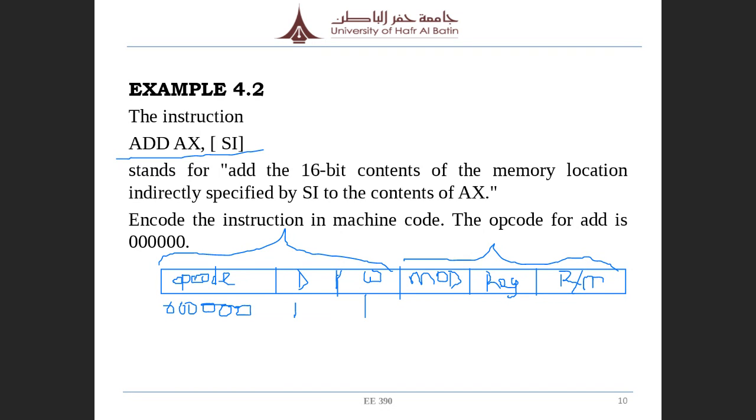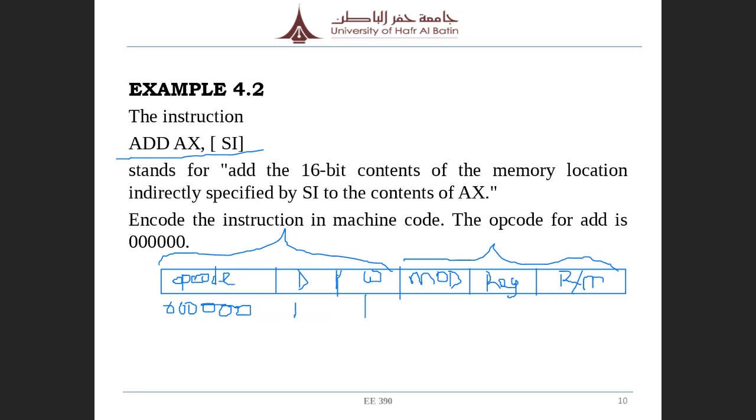All right, now the first byte is done. What about the second byte? For MOD, if it is a memory-related operation, it can be 00, 01 or 10, three different types of memory mode.